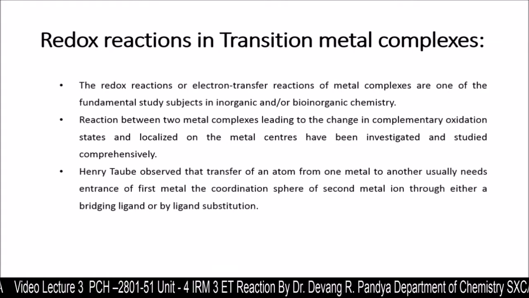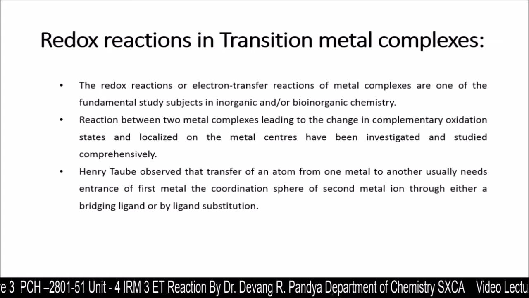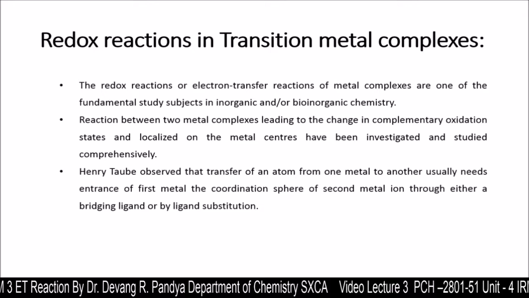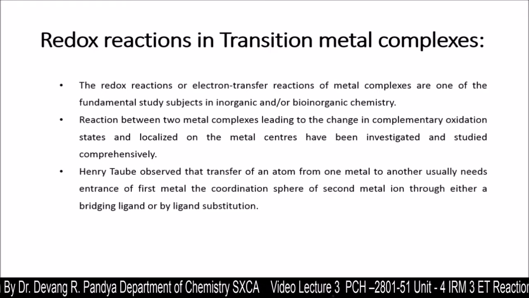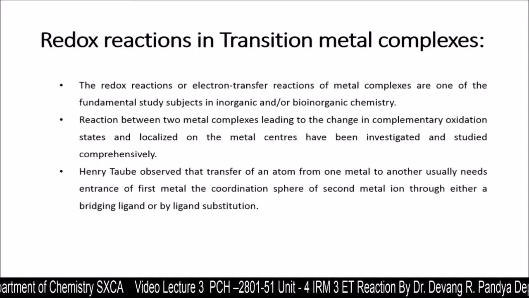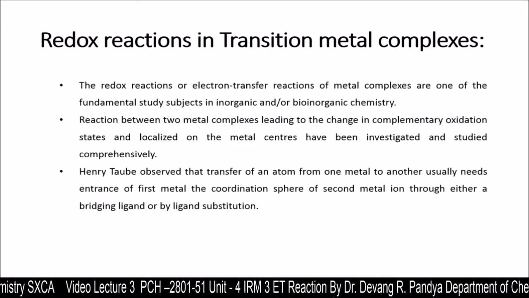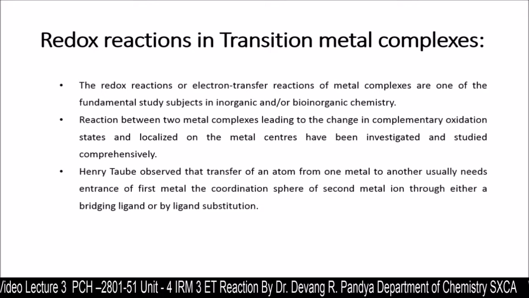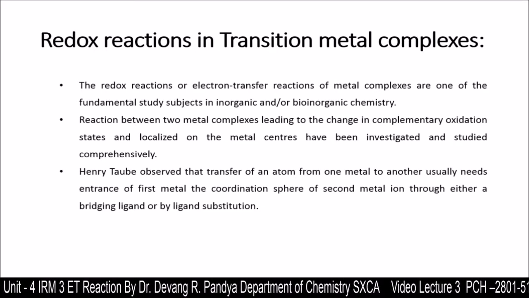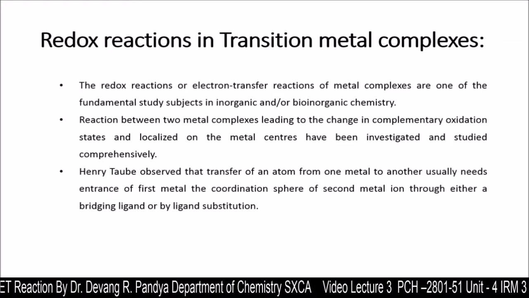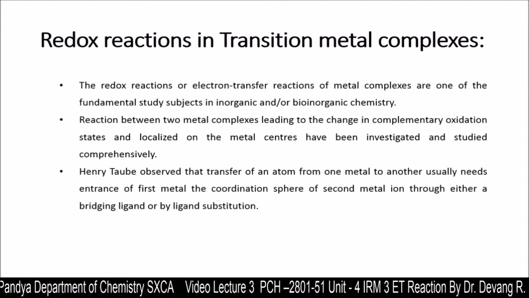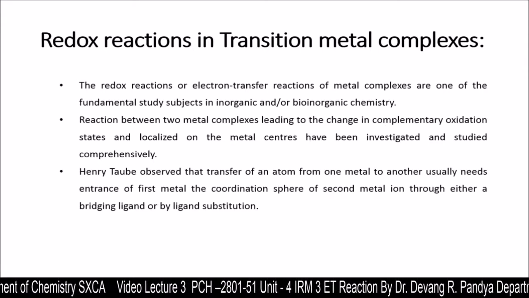Henry Taube observed that transfer of an atom from one metal to another usually needs the entrance of the first metal's element into the coordination sphere of the second metal ion. The atom needs to transfer to the second metal center's coordination sphere through either a bridging ligand or by ligand substitution.